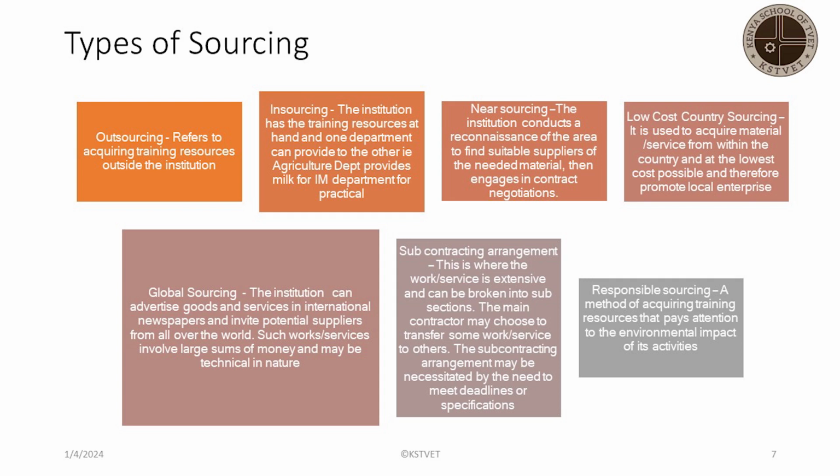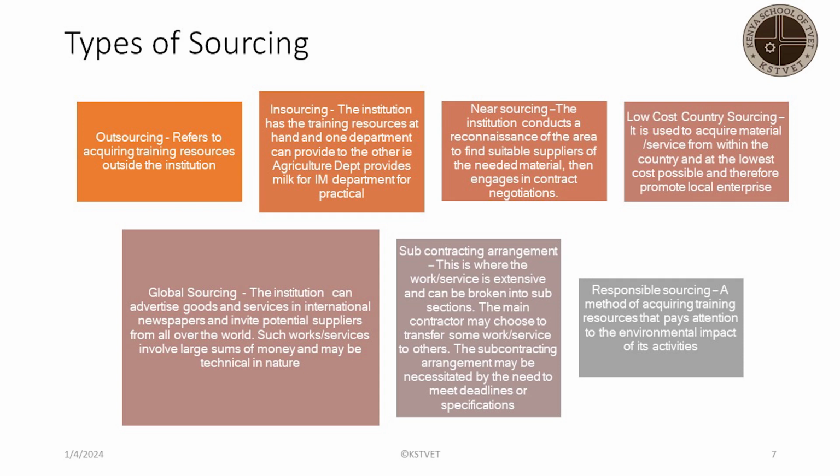3. We have near sourcing. Here, the institution conducts a reconnaissance of the area to find suitable suppliers of the needed material, then engages in contract negotiations. 4. Low-cost country sourcing.